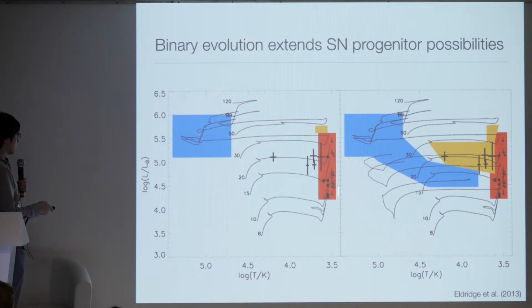Of course, we have many red supergiants exploding, but we do know some stars in these regions are also exploding, and those cannot be explained by single star evolution. But if we take into account binary star evolution, these stars can also be naturally explained as supernova progenitors.